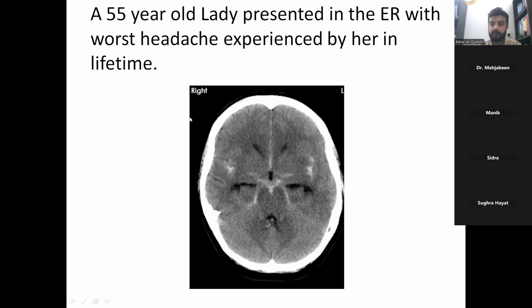And if GCS is 9 to 12 without neurological deficit, that's a grade 2. And same GCS with neurological deficit. And if GCS is less than 9 to 7, and then 3 to 6.